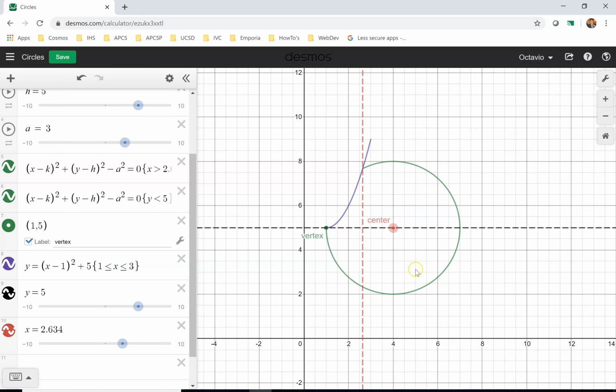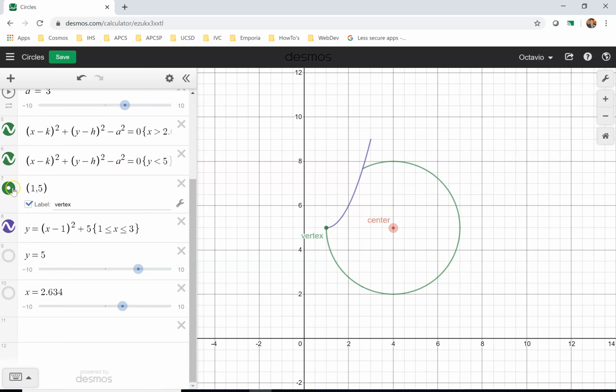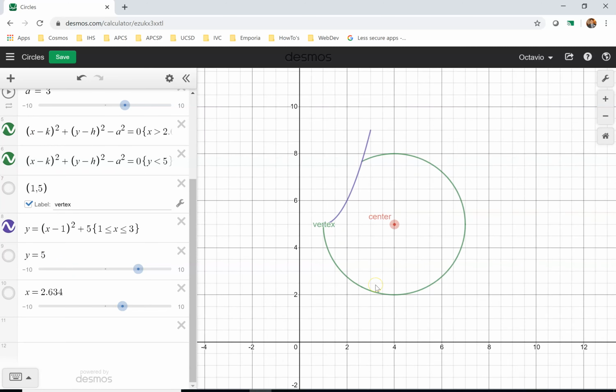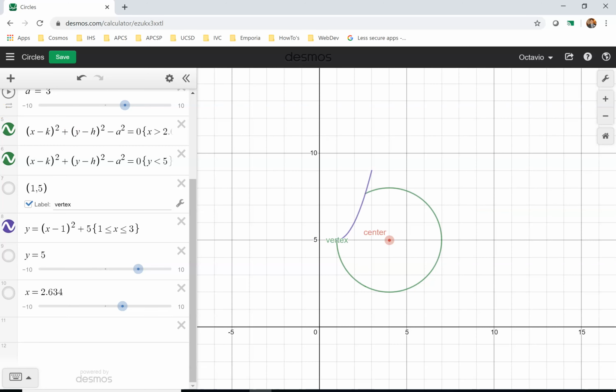There's no way to see where the disconnect is. Let me hide these away, and now you have this circle, but you don't have it everywhere. I can at this point maybe get rid of the vertex so it doesn't show up there. And now you have a circle that you could use.